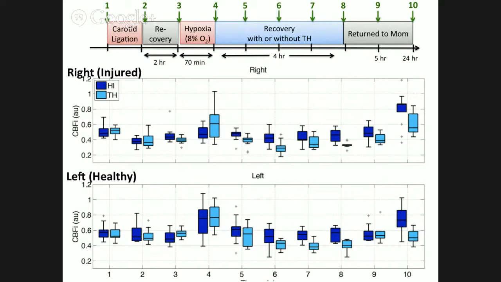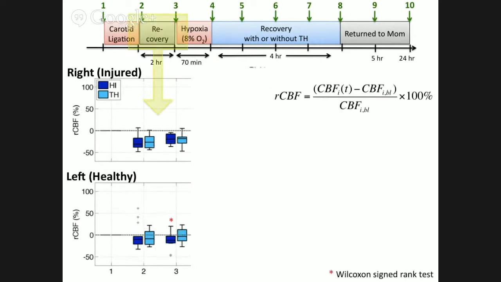If we go through this data step by step, I'm plotting here relative change in cerebral blood flow compared to baseline, using each pup as their own control, sort of. What we see is that following carotid ligation, you do see a reduction in blood flow in the injured hemisphere.